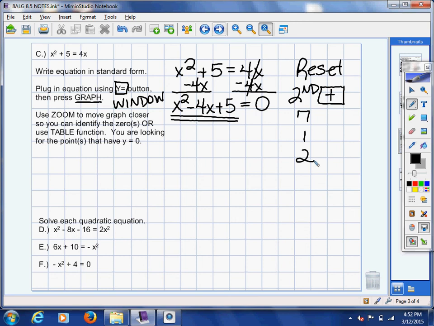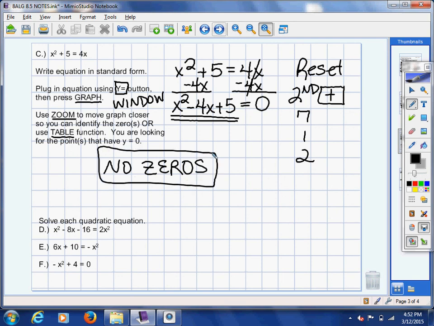So if you want to put that in your notes, you can. And then I showed you how to use the zoom button. We even looked at the table to see if we could find it on the table at all. And we couldn't. So basically, this particular parabola has no zeros, and that's what we ascertained. The calculator showed that to us very clearly.